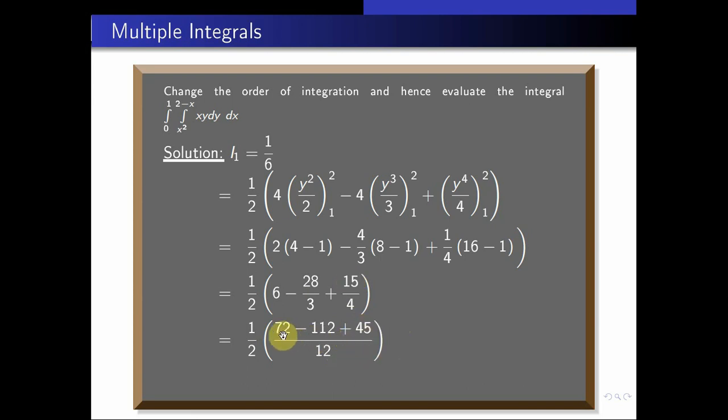So it is 117 minus 112, that is equal to 5. So half into 5 by 12, or I can write this as 5 by 24. So this is I2 value.